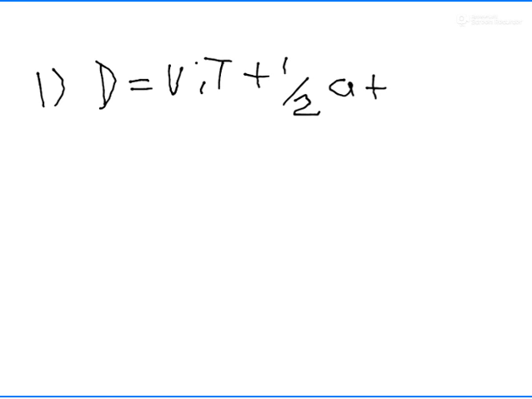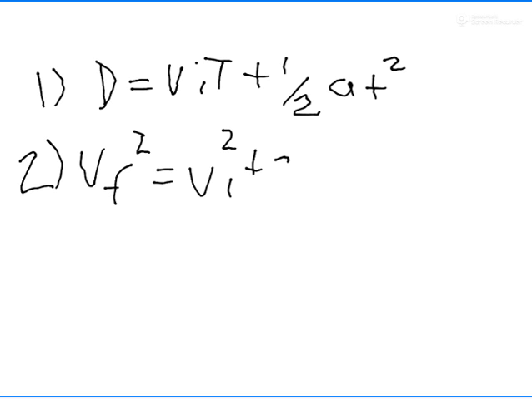So the first main equation is D equals VIT plus 1/2 AT squared. So it's displacement equals initial velocity times time plus 1/2 of acceleration times time squared. The other equation is VF squared, so final velocity squared, equals VI squared plus 2AD.